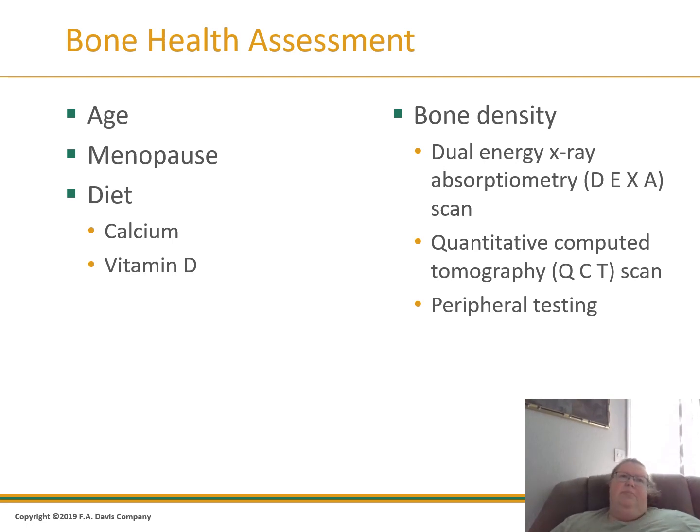You should be building your stores in your 20s and 30s, so that by the time you get to menopause and that higher age, your bones are strong and can last a little bit longer. But really, how many people drink milk? How many people are big on calcium in their 20s and 30s? Not many, especially women. Men probably more so, but from my experience, not big milk drinkers.